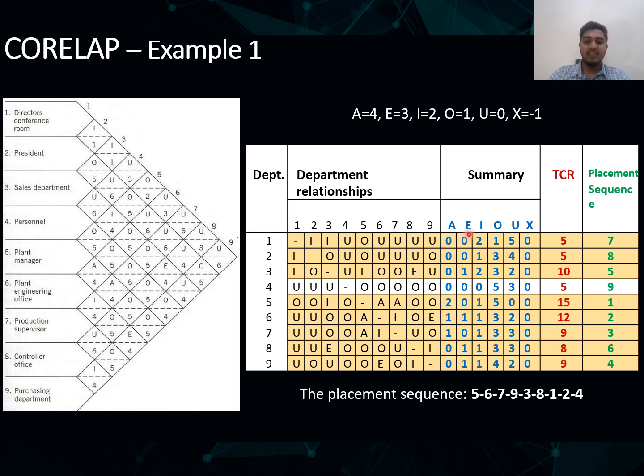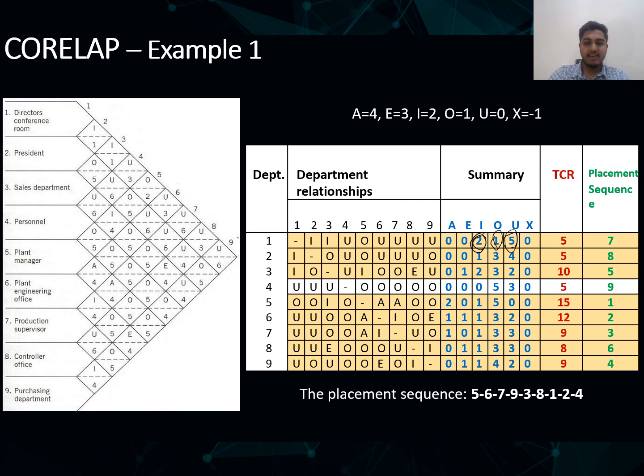So the summary is completed till now. So how to find the TCR value? The TCR value here is found easily by a single step process. What you need to do is just see here. There are 2 I's, 1 O, 5 U's.